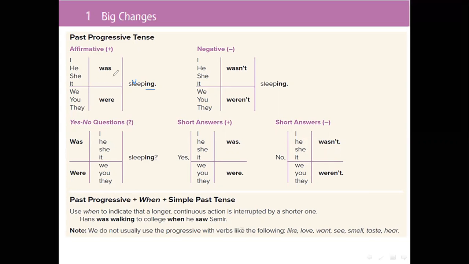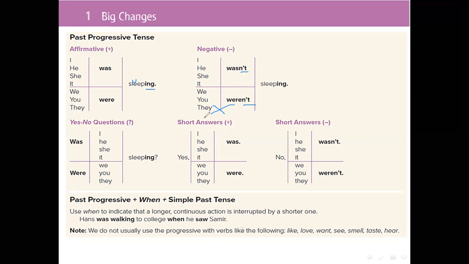How to change the sentence into negative in the past progressive tense? By adding not after was or were. I wasn't sleeping, he wasn't sleeping, they weren't sleeping. To make a yes or no question, we should change the order between the helping verb, auxiliary verb, and the subject.